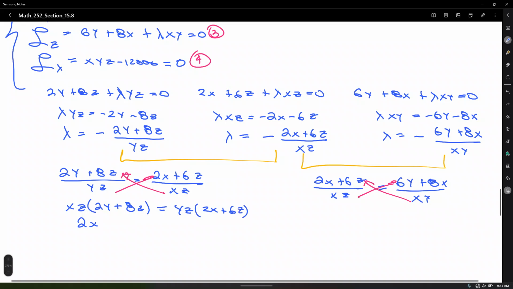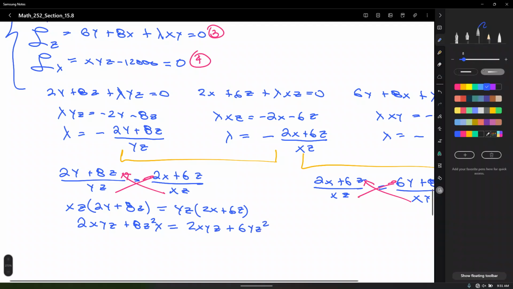Okay. So that equals 2xyz plus 8z squared x equals 2xyz plus 6yz squared. All right.